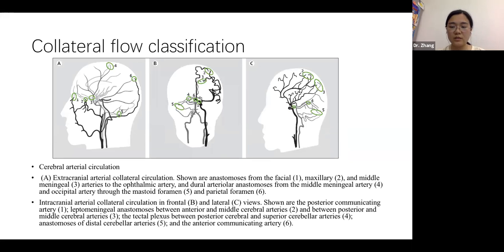And because the Willis circle is very obvious and easy to diagnose, in the recent 20 years, we always use imaging to test the collaterals. We cannot see them very clearly because it's very mysterious. It's like a mystery. We don't know very much about the leptomeningeal, so we focus on the studies of the leptomeningeal.